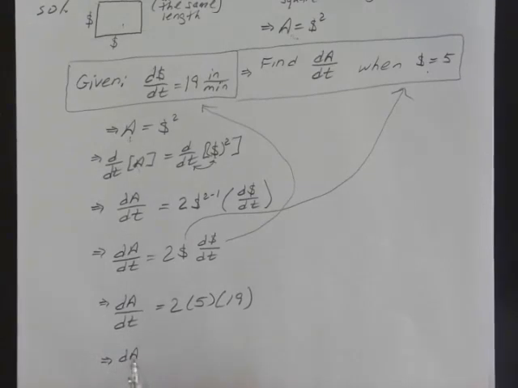So the rate of change of the area with respect to time is equal to 19 times 10, which is 190. So we have 190 square inches per minute.